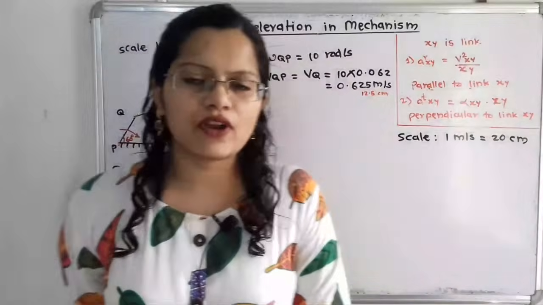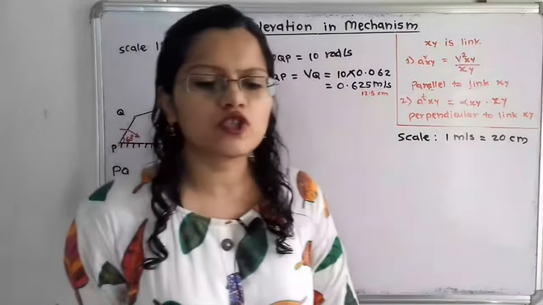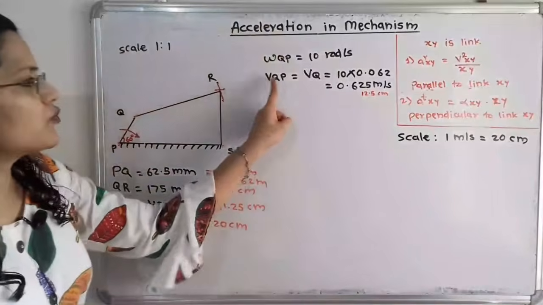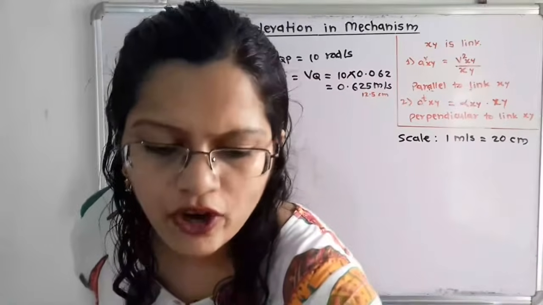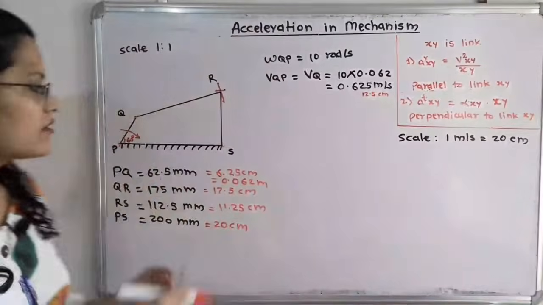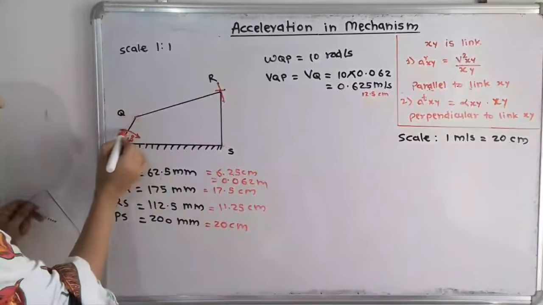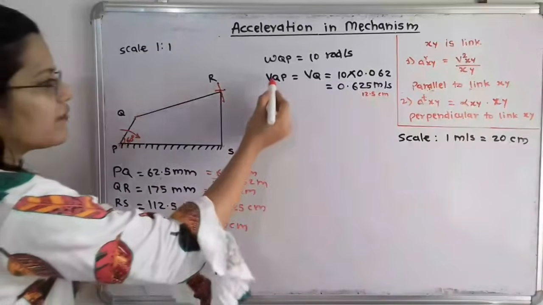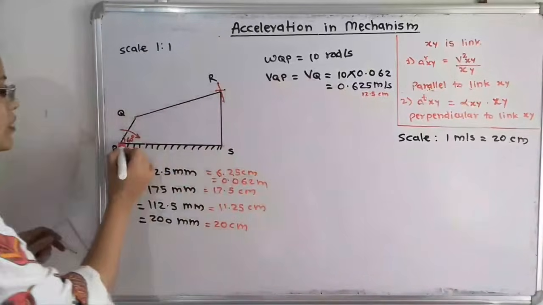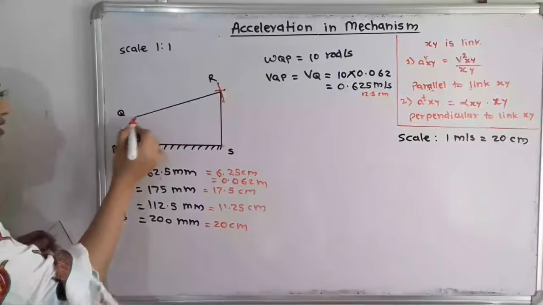While drawing the velocity diagram, we first have to show this velocity QP. How to show that? In the question, the rotation of the crank PQ is given in the clockwise direction, and we know that the linear velocity is in the direction perpendicular to the link PQ.